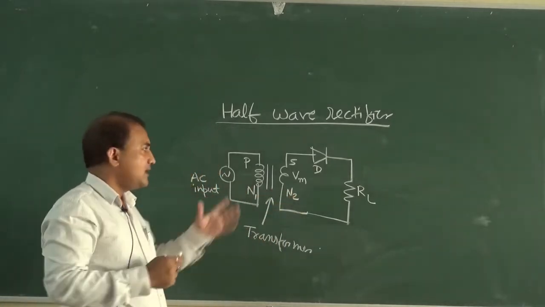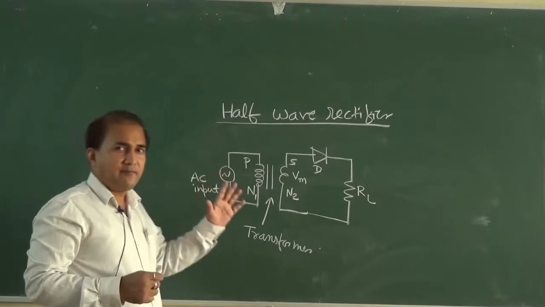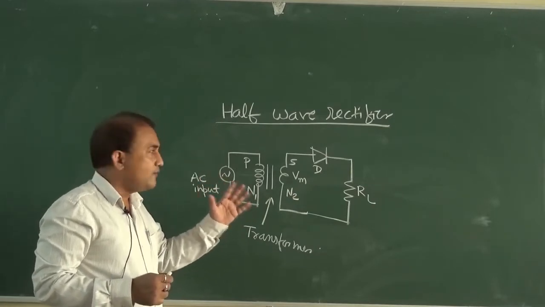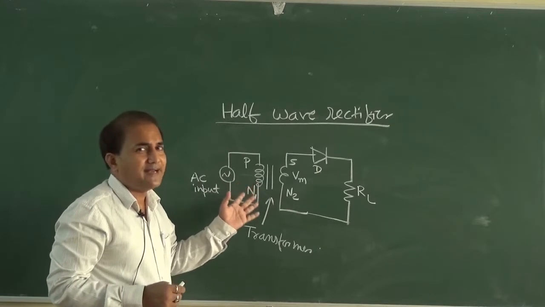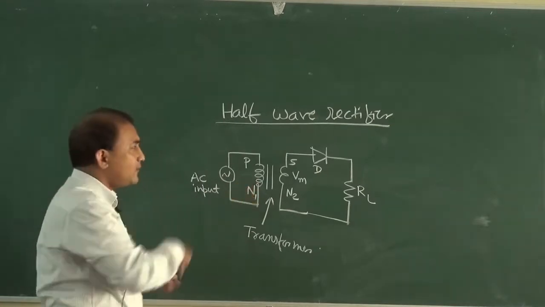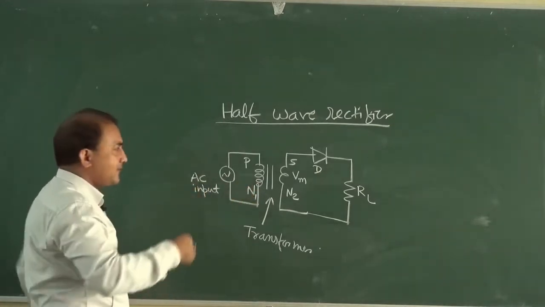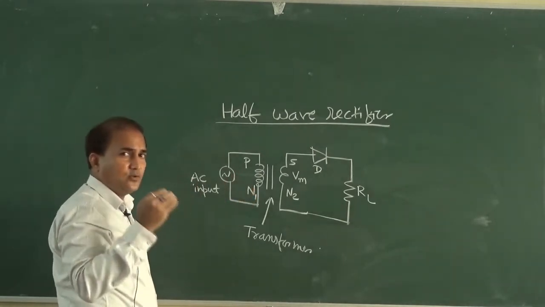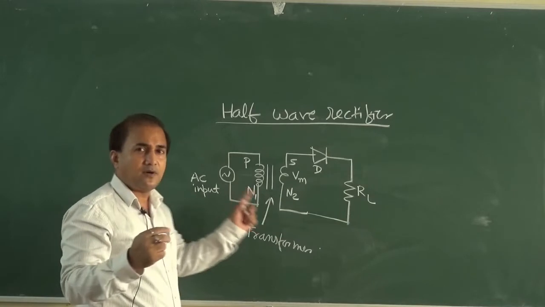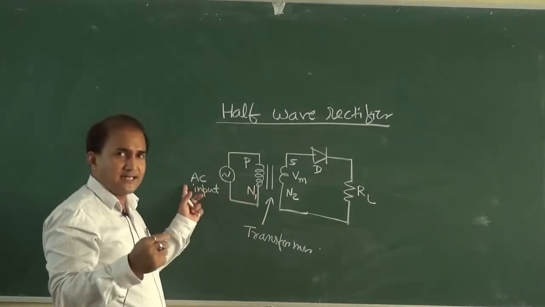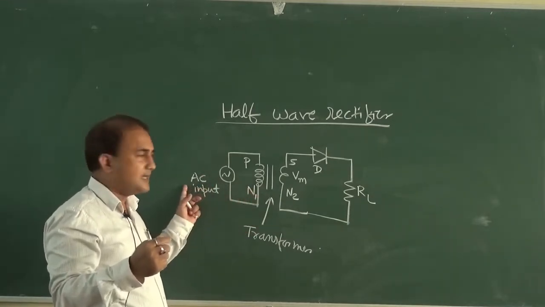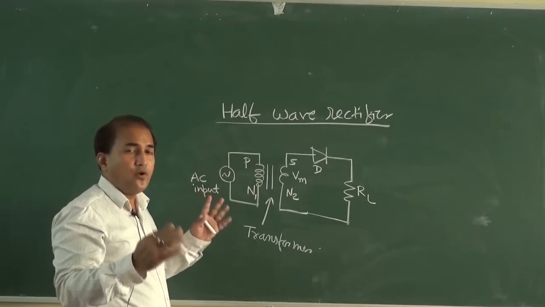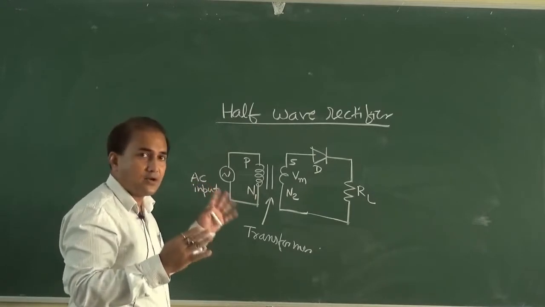In case of half-wave rectifier circuit, we may use transformer or we may not use transformer. But why are we using this transformer? First, we are using the transformer either to step up or step down the AC input voltage, and second, to prevent electrical shock.